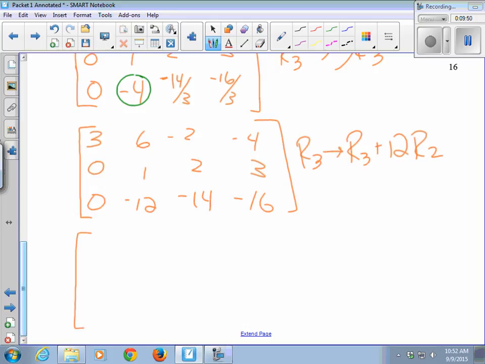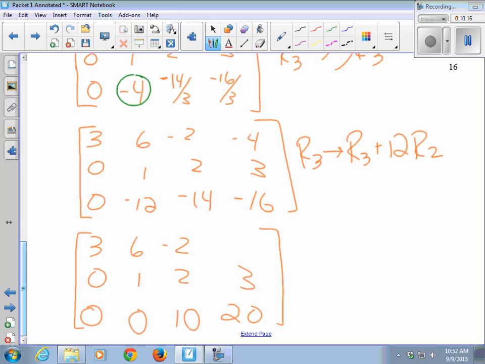When I multiply row 2 by 12, the 0 stays a 0. 12 times 1 is 12, plus negative 12 is 0. 12 times 2 is 24, minus 14 is 10. 12 times 3 is 36, minus 16 is 20. My other two rows stay the same.